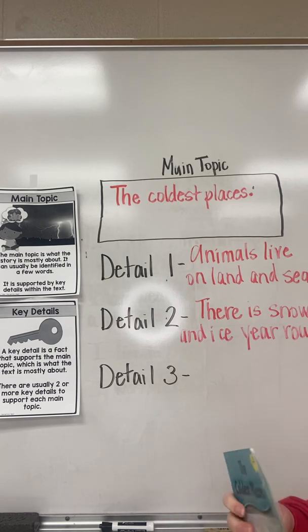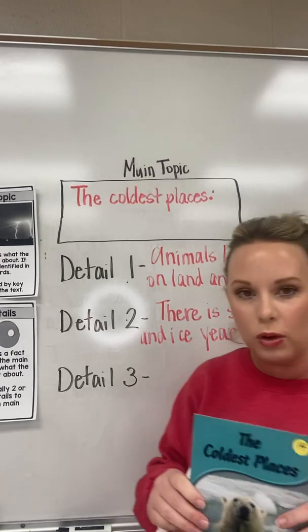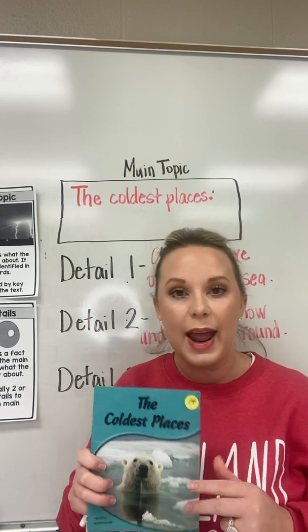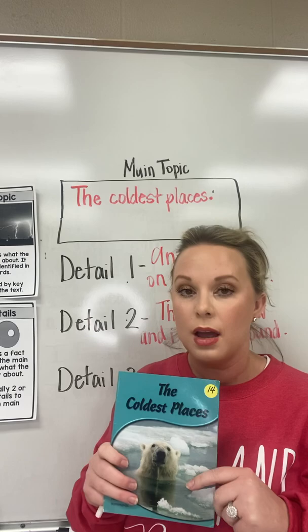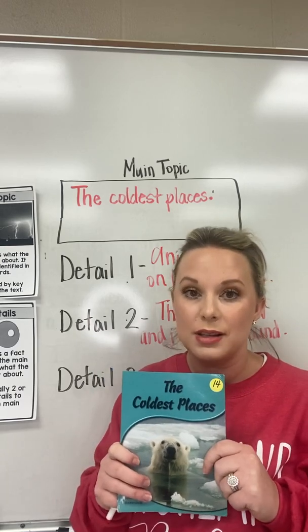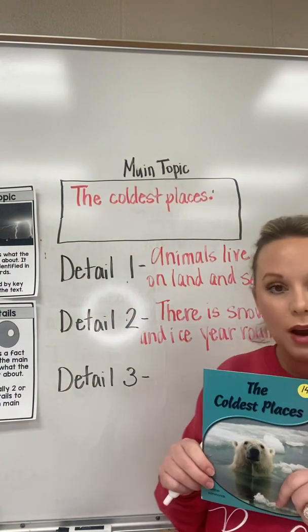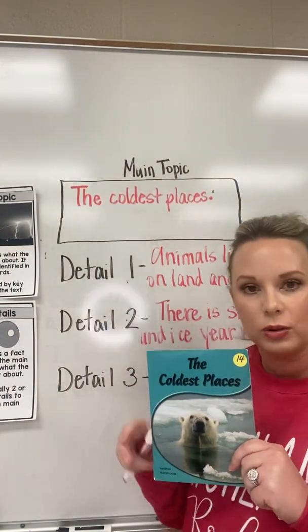Another detail is that there is snow and ice year-round in cold places. We learned about the Antarctic and the Arctic. I could actually include that in one of my key details, but I know that in both of those places, in other cold places around the world, there's snow and ice year-round. That's important to know about our main topic, the coldest places.